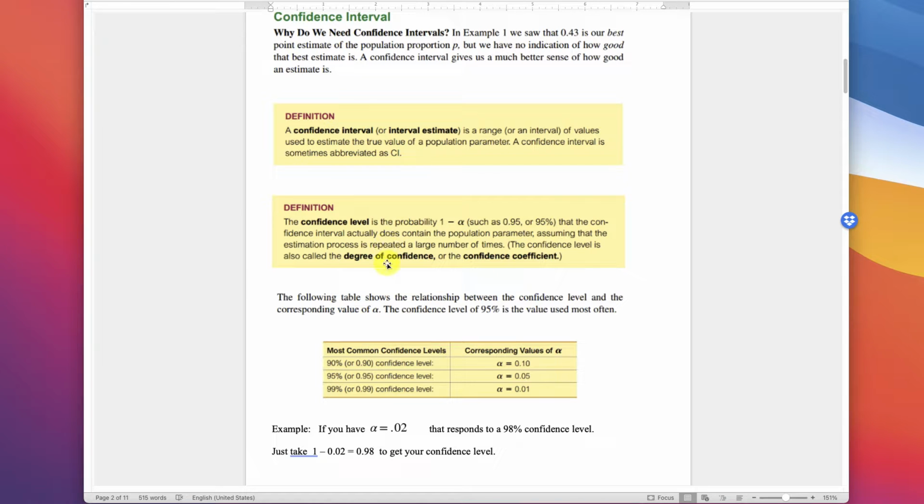It is also called the degree of confidence or confidence coefficient. We don't use those terms as much, but basically we're going to say we're 95% confident that the true population proportion falls within this range.